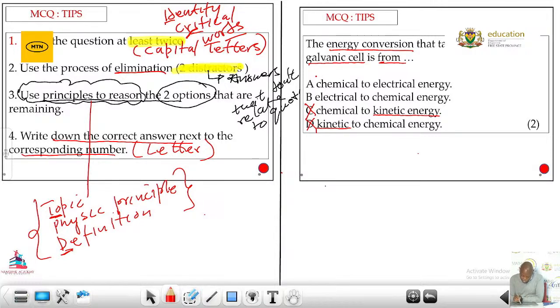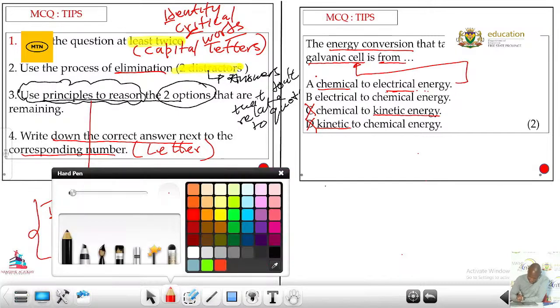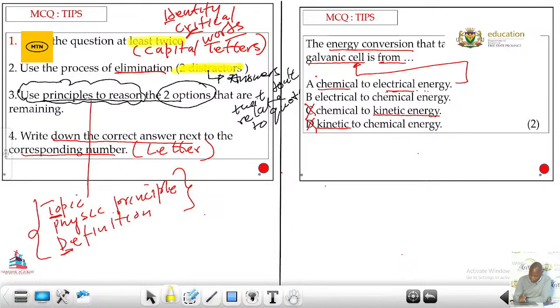Knowing that in a galvanic cell the conversion of energy is from chemical to electrical energy, I can only know this if I know exactly the use of a galvanic cell, how to define a galvanic cell, and the energy conversion in a galvanic cell.